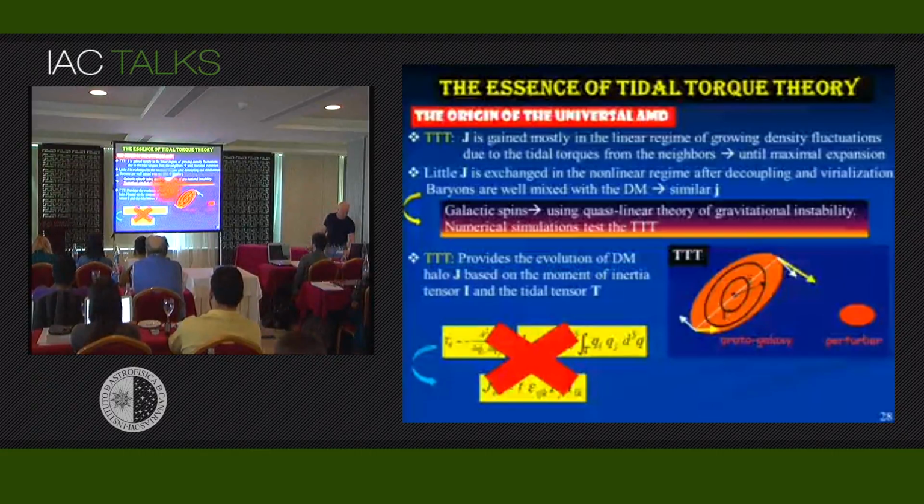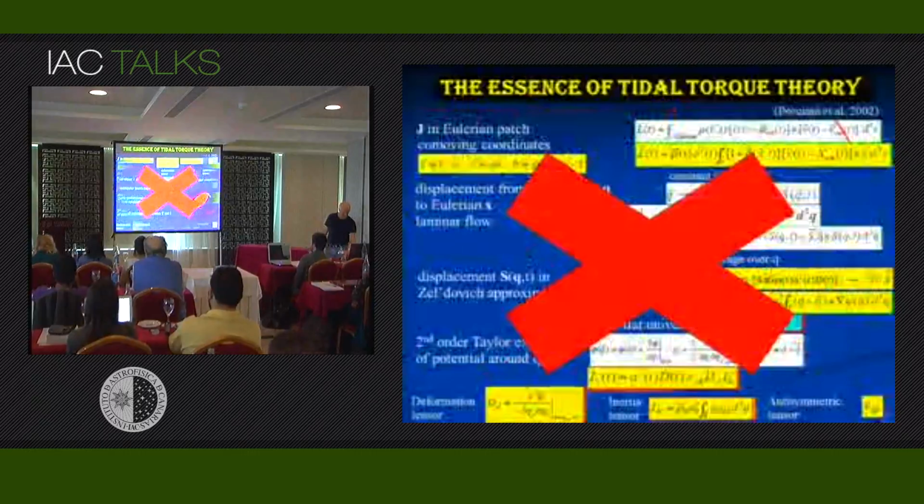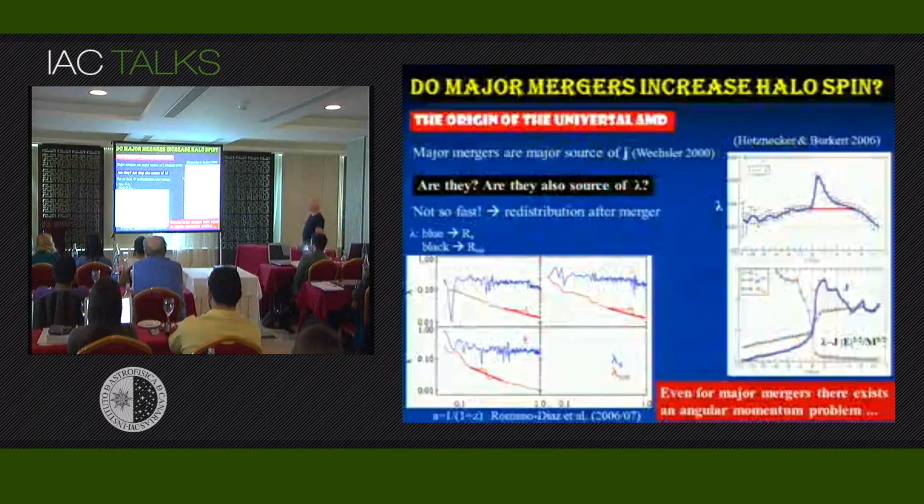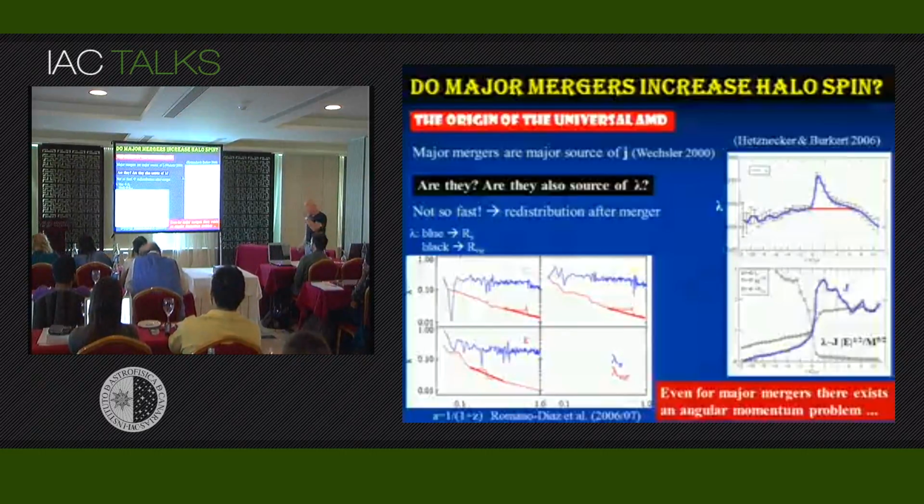I am not going over the TTT or triple T theory, but the essence of this is very clear from what I said until now. So I skip it and ask myself a question.